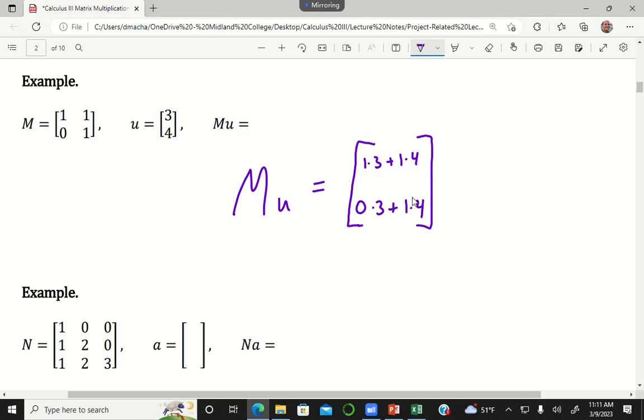So the entries in the product vector are just the dot products of the rows of the matrix with the vector U. And so this vector is going to be 7, 4.